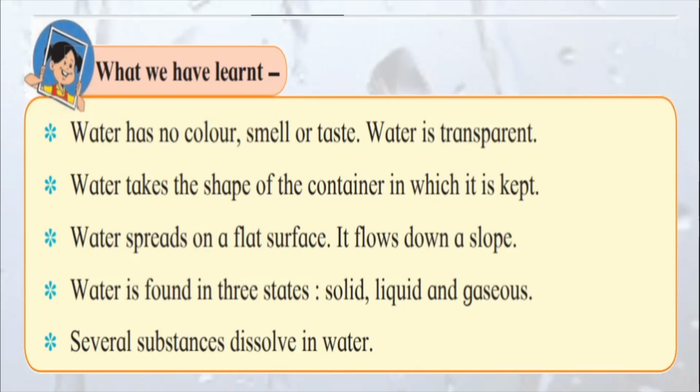So children, we have learned so many things about water in these 3 lessons. So lesson number 8, lesson number 9 and lesson number 10 were about water. I hope you understood all that we learned in these videos. Now the next lesson is also going to be very interesting. We are going to learn about air. Okay, but that will be in a later video.